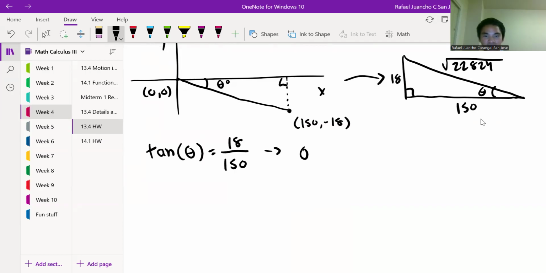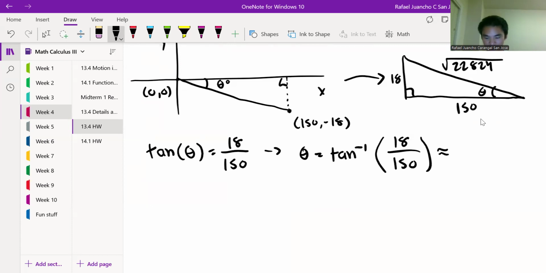And so my angle is just the arctangent of that, and I can approximate it to something in degrees. So there is a number, 0.12. I'm in degree mode. Arctangent of 0.12.